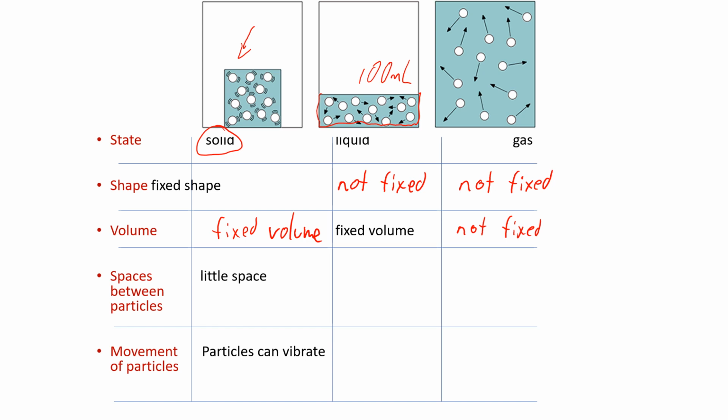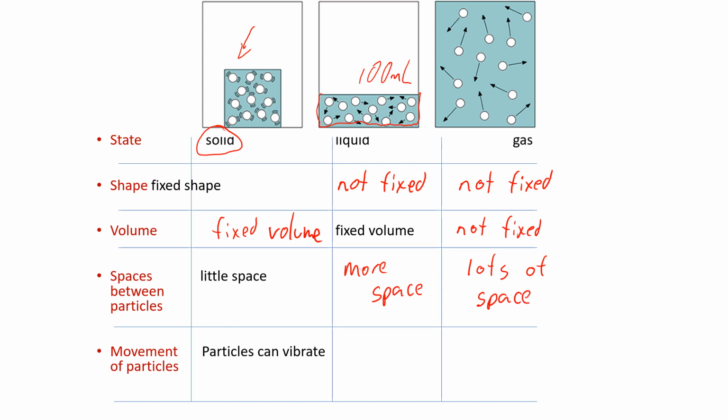Now, the spaces between solids, there's very little space in between solids. The space between liquids, a little bit more space. And gases, there's lots of space in between those particles.